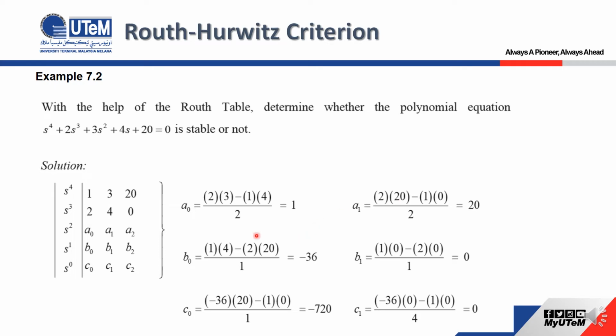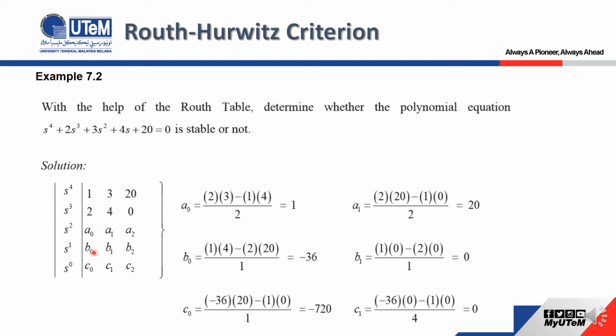In order to check whether the system is stable or not, we just focus on the first column. From here to here, there is no change in sign, because this one is equal to 1 and this is positive.